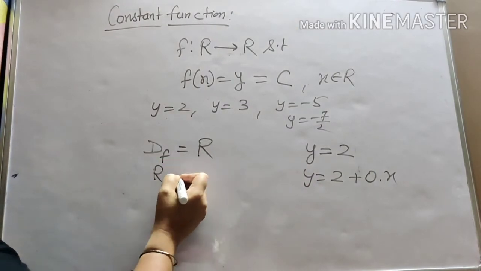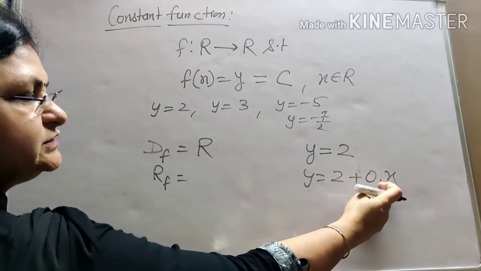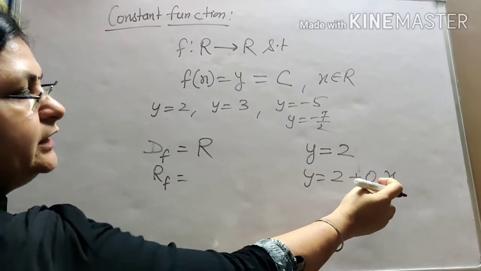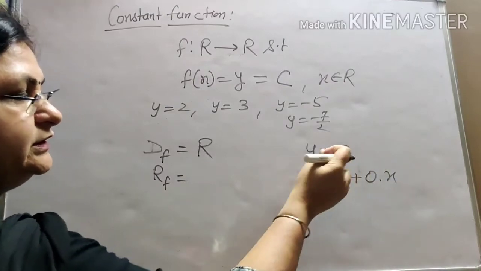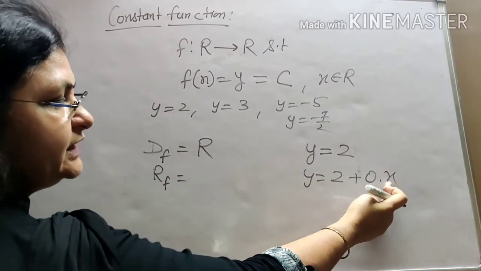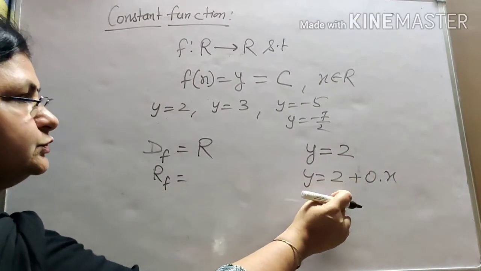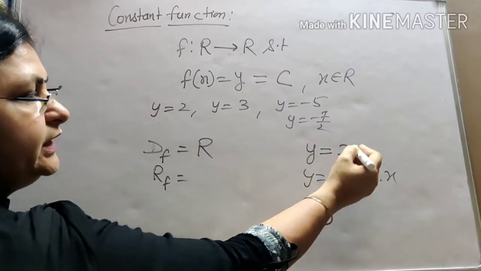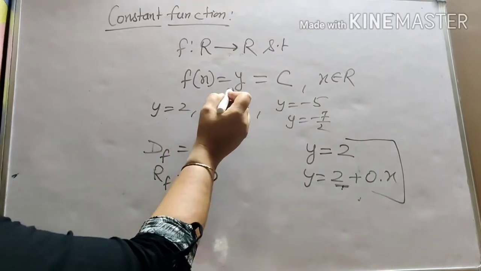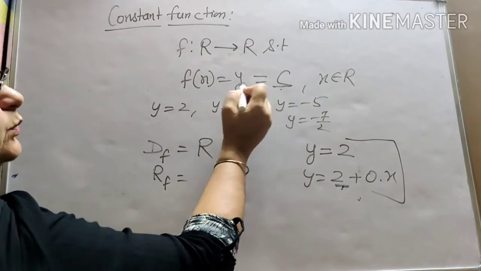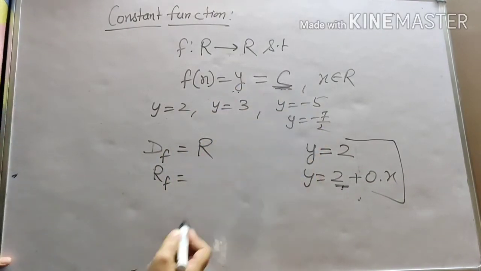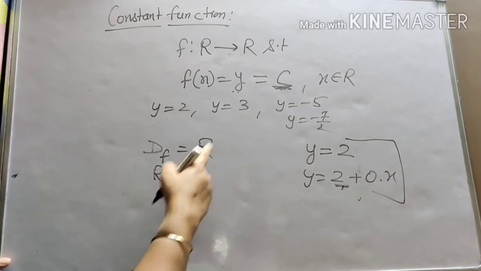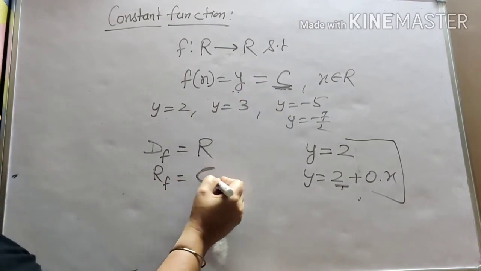Now, the range of the function. If we put x equal to 1, then y is 2. If x is minus 1, then again y is 2. If x is 3, then y is again 2. It means the range of the function is {2} in this statement. And in general, if I am taking y equal to c, c meaning any constant, then the range of that function is that constant term.